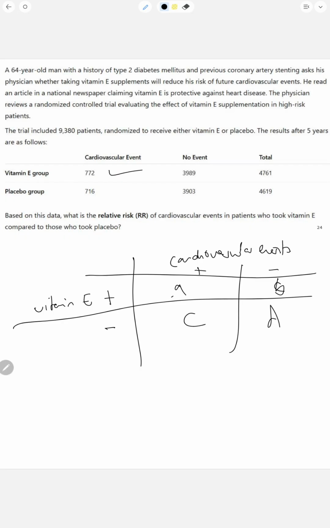Similarly, for those who were not taking vitamin E on the placebo, 716 had a cardiovascular event, while 3,903 had no event. Given this, what is the relative risk?